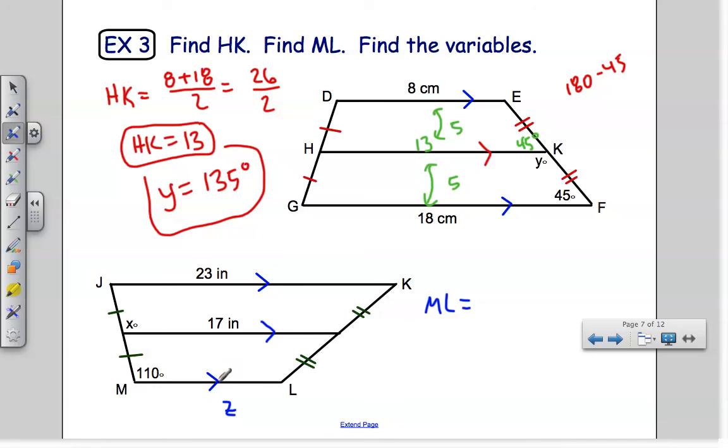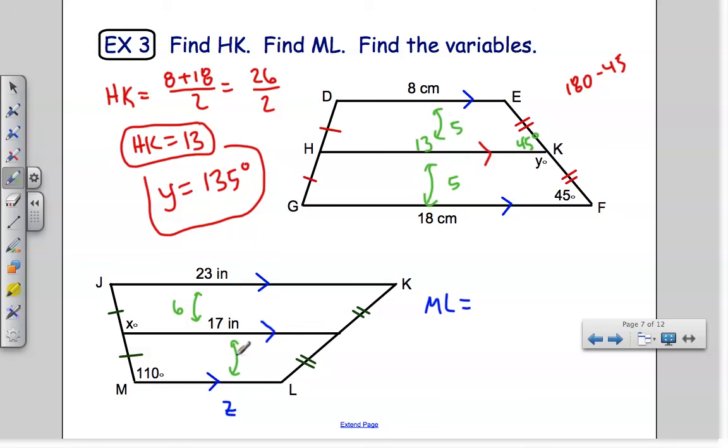Then 17 would be the average of 23 and Z. Now I can do the algebra, or we can just use that shortcut, and realize that if 17 is the average of 23 and Z, then the difference between them should be the same. So what's the difference between 23 and 17? The difference would be 6, right? They're 6 apart.